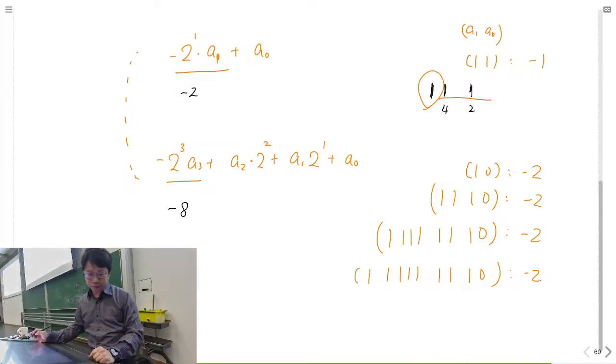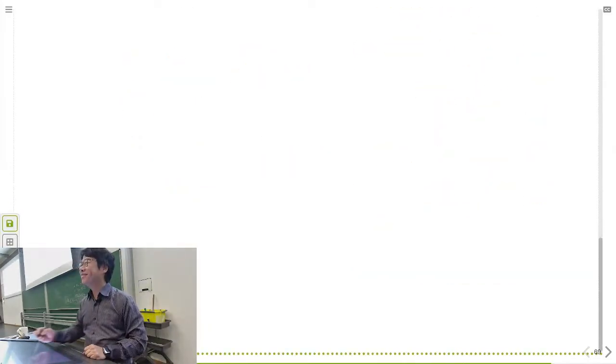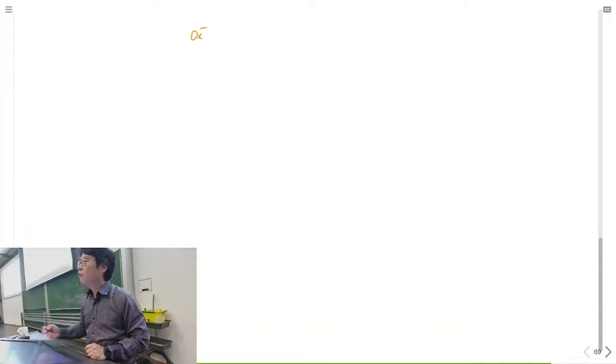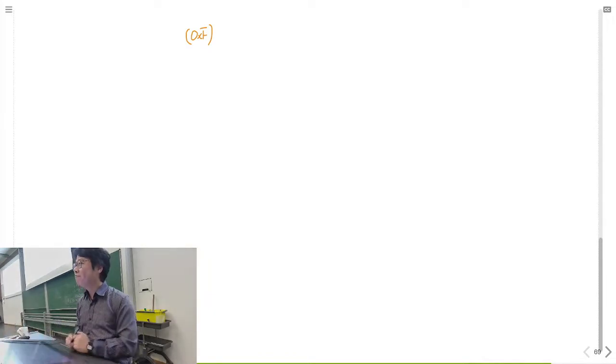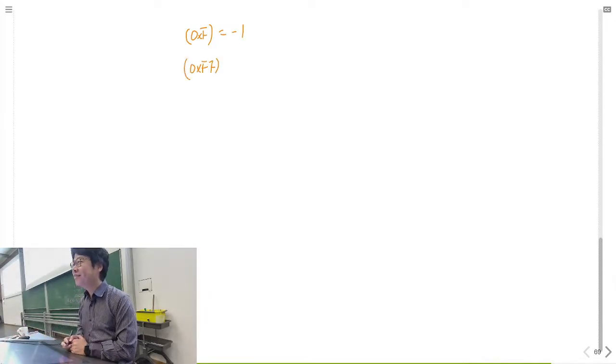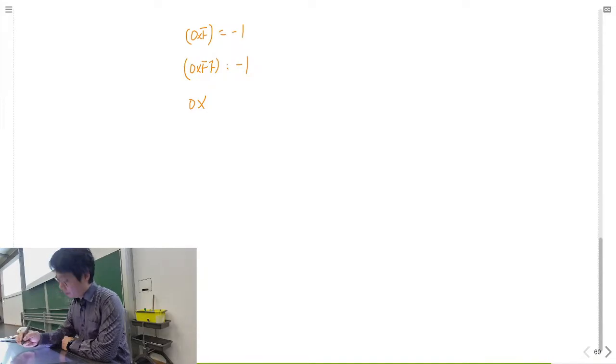Okay, so therefore, let's do it again. 0xF is minus 1 by definition. 0xFF is also minus 1. If you want to keep minus 1 with 16 bits, then you would have to write 0xFFFF. This is also minus 1.